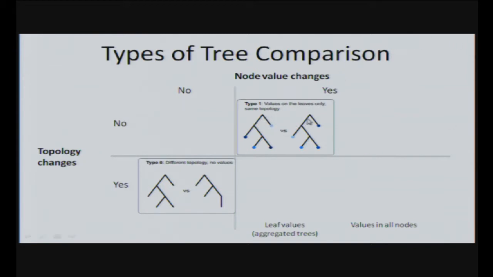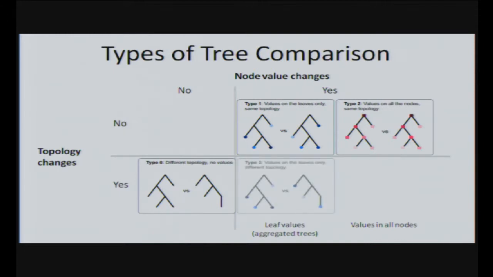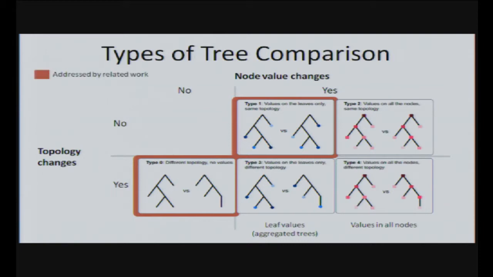Then we have node value changes. The topology stays the same, but these little values out on the ends, they change. Then you have values on all the nodes changing, same topology, as opposed to just the leaves. Then you have values on the leaves only, but different topology. And you have values on all the nodes, but different topology. What's interesting is there's already been work done to look at these two types of trees changing.